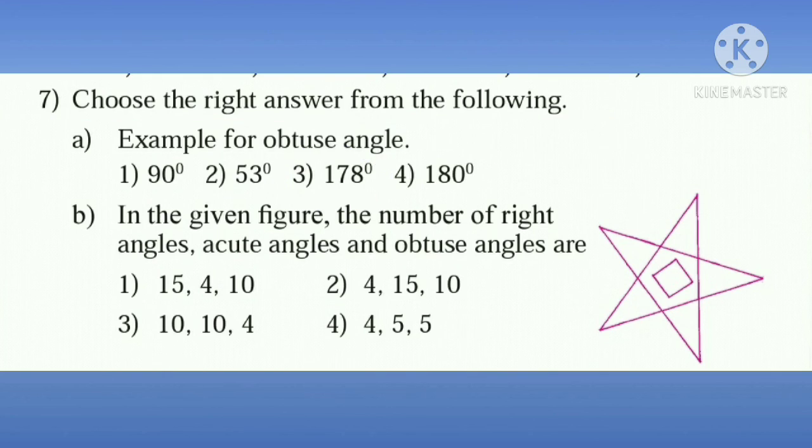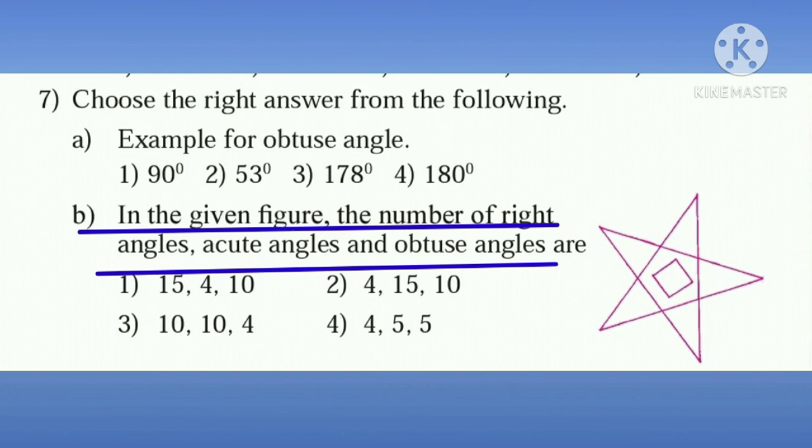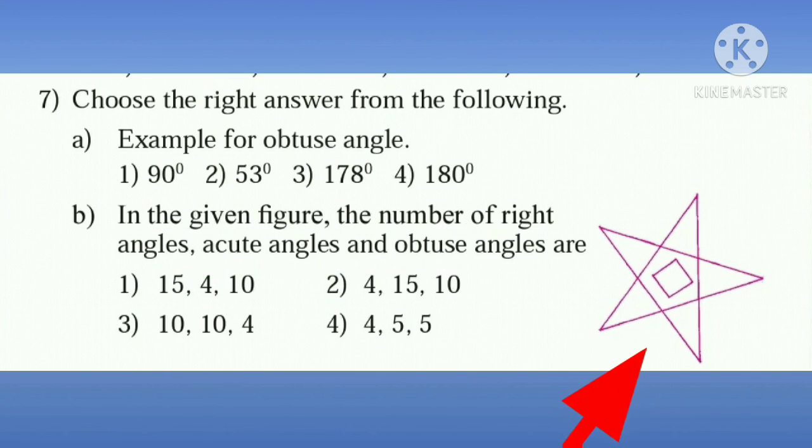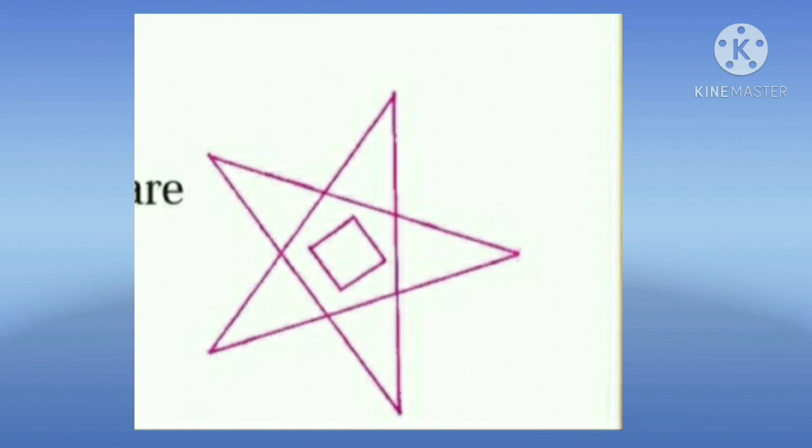Okay, children. The second one, B. In the given figure, find the number of right angles, acute angles and obtuse angles. Here they have given the figure. For this figure, we first have to count the acute angles, right angles and obtuse angles. Totally how many right angles are there?